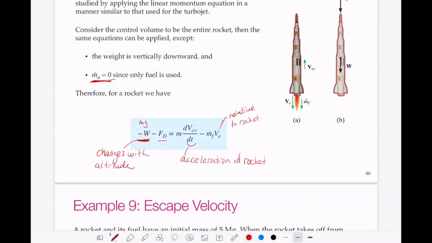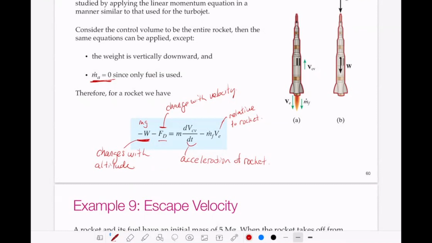And then our drag force would change with velocity, and typically it's proportional to the velocity squared. And it would also change with the density of the air, which changes with altitude. So this is where the problems become quite complicated, understanding the forces acting on a control volume.